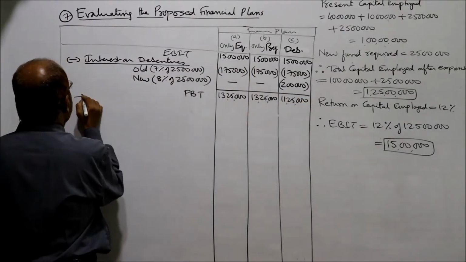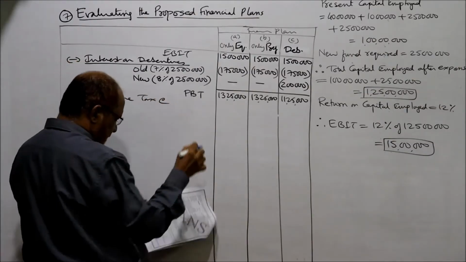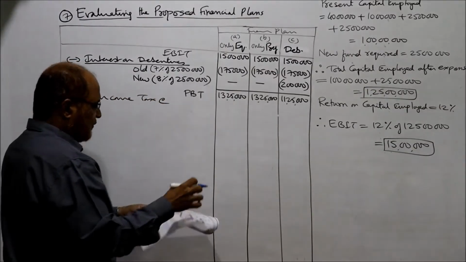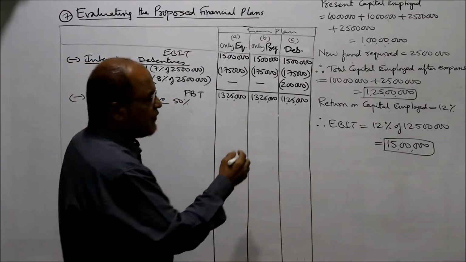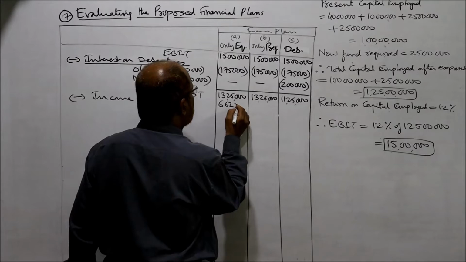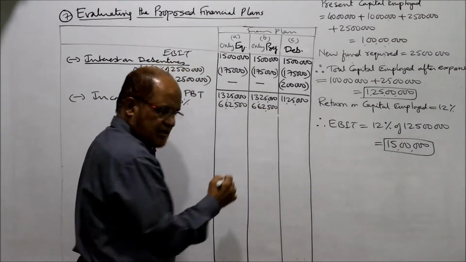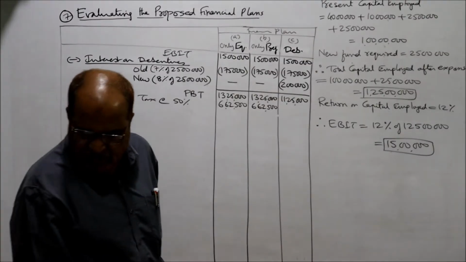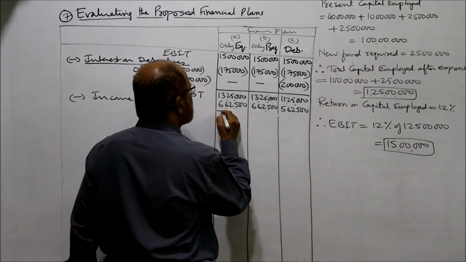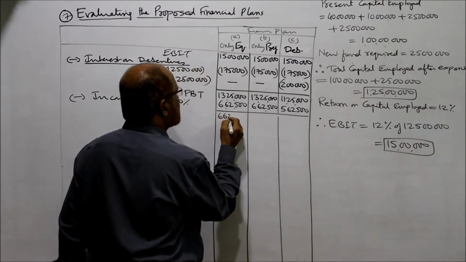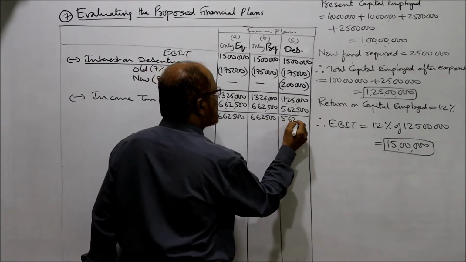From this PBT, we deduct income tax at the rate of 50%. So income tax is 662,500, 662,500, then the last one 562,500. Subtract, and we get 662,500, 662,500 and 562,500.